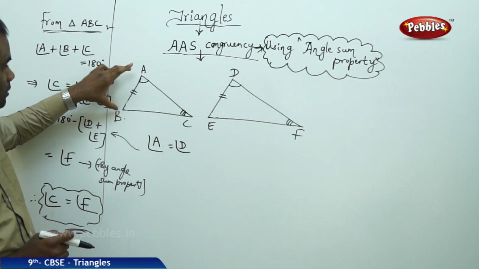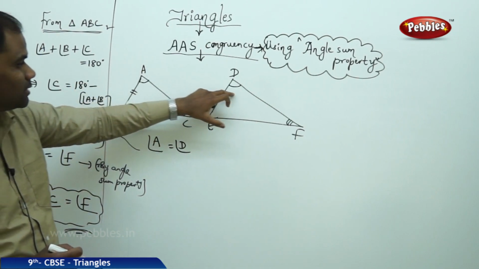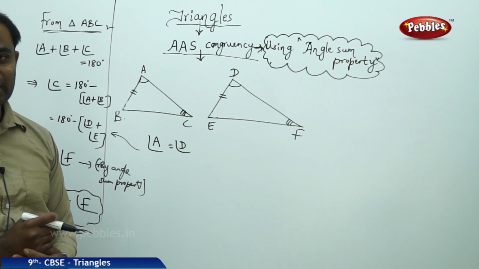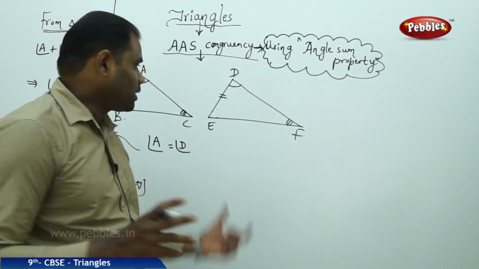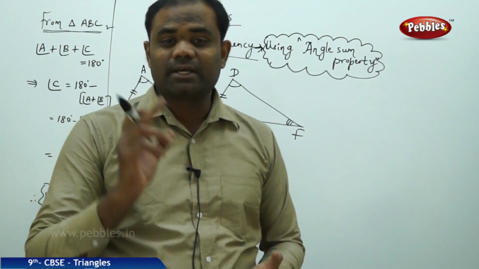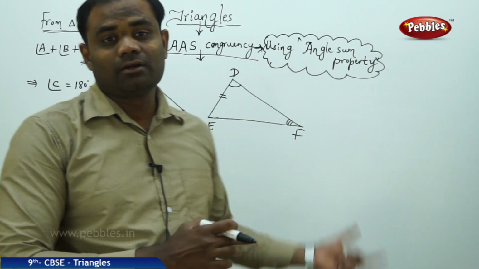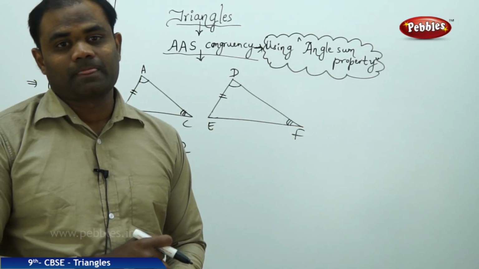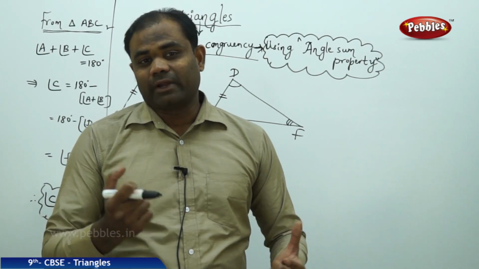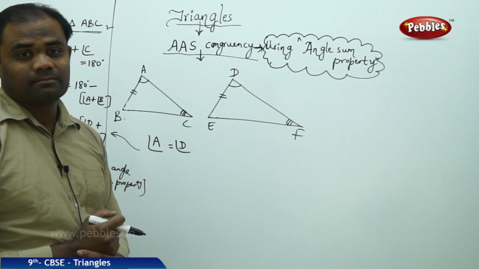AB, the non-inclusive side of the two angles here, and DE being non-inclusive. Therefore, if the corresponding two angles of the two triangles are equal and the non-inclusive side is equal, the two triangles do not lose their congruence property. This is how we understand the congruency of two triangles through AAS congruency.